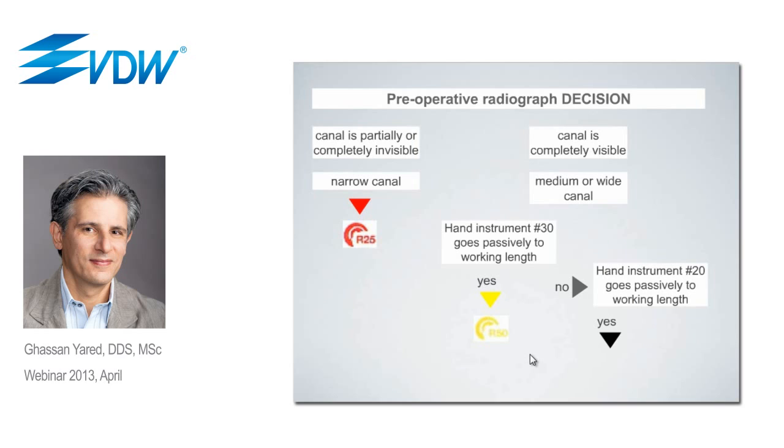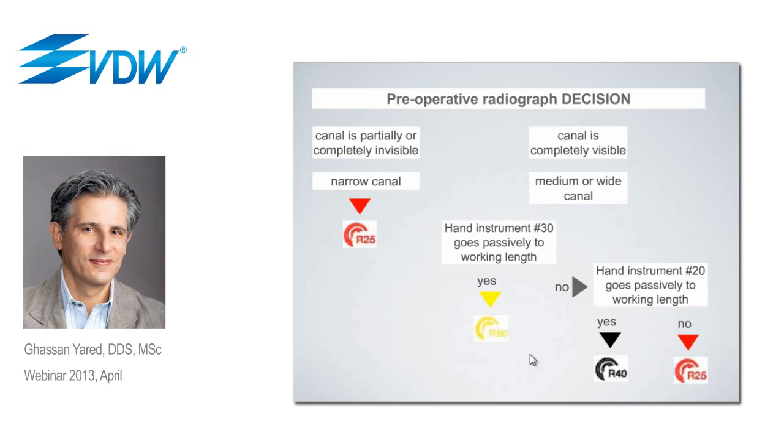We then take a number 20 hand instrument and we do the same test. If it goes to length passively without any cutting, then we use the R40. If at this stage the number 20 hand file does not reach length, then we know that there might be a complex anatomy apically.